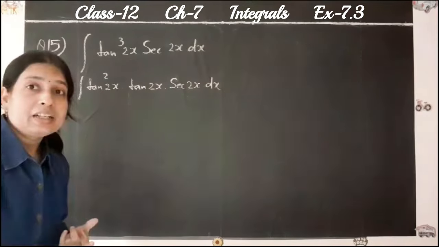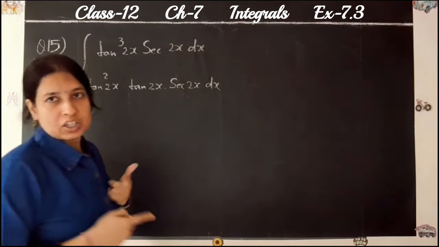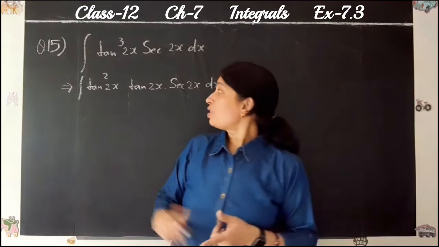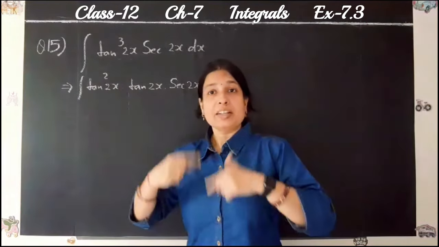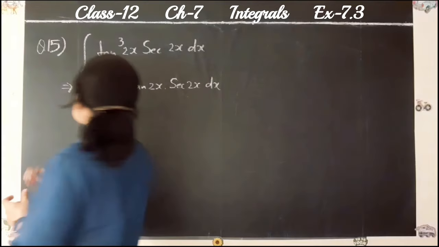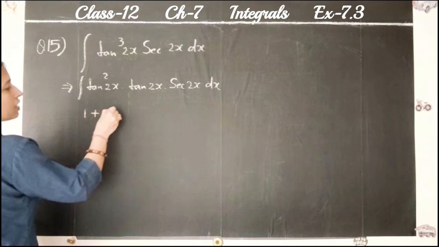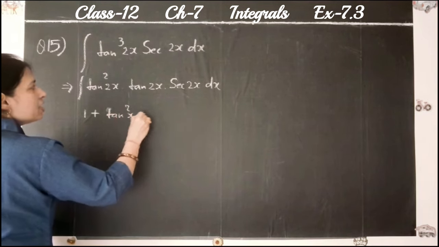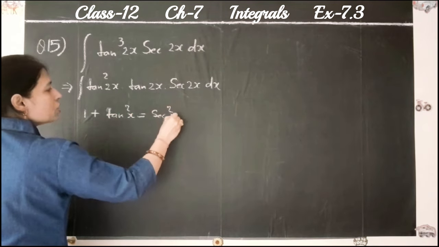Here we know that the derivative of tan x is sec square x and the derivative of sec x is sec x tan x. So first we make this tan square x in the form of sec square x. So we know that 1 plus tan square x is equal to sec square x.